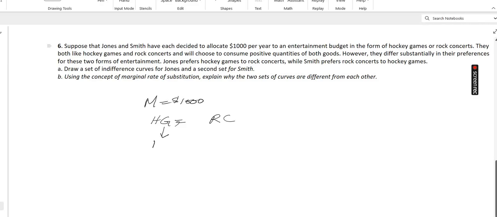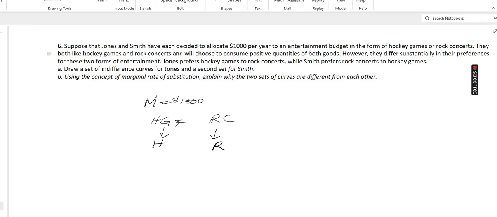So I will mention it with H and I'll mention it with R. They both like hockey games and rock concerts. What does it mean? That the two commodities for them are normal goods and the marginal utility is positive, and that's why they want to consume more of it, and will choose to consume positive quantities of both goods.